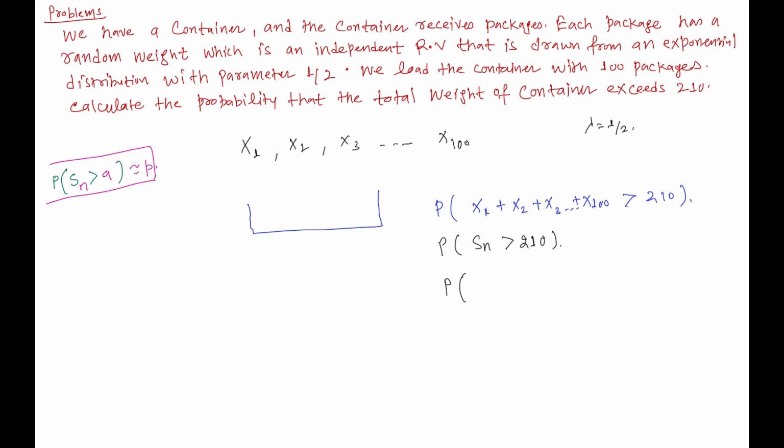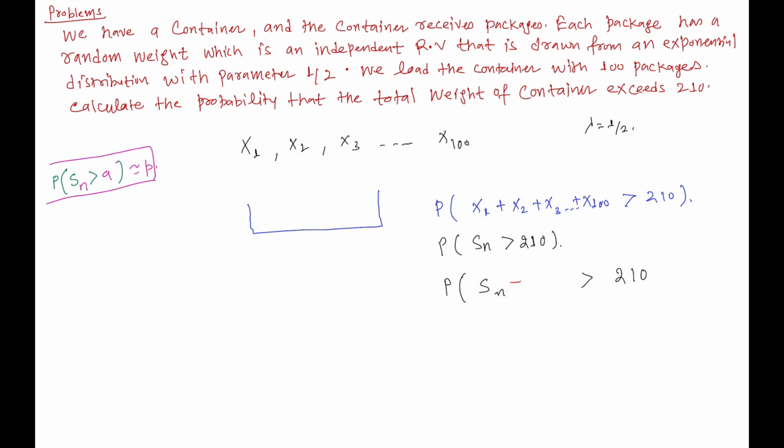So we are trying to find the probability that this random variable Sn is greater than 210. In order to make the standardized version of this distribution, first we subtract the mean. And what is the mean of this random variable Sn?